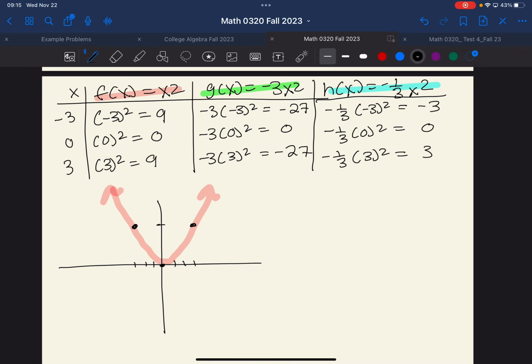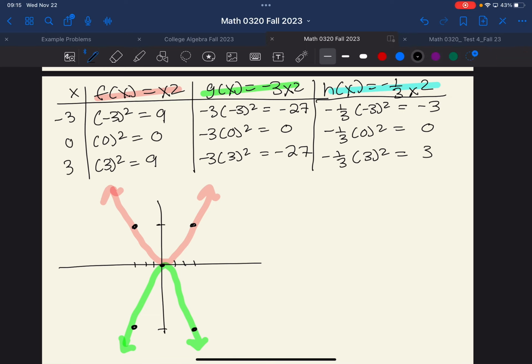Okay. Then I'm going to plot my next point. So negative 3, negative 27, 0, 0, and then positive 3, negative 27. This one is now pointing down because of that negative.